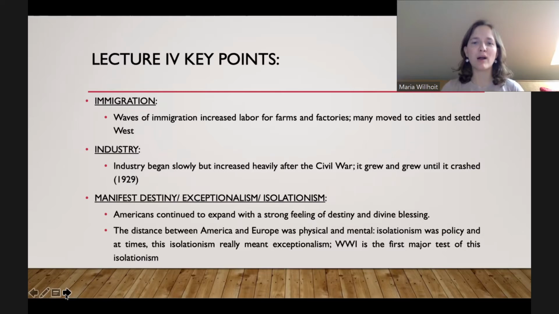Like our prosperity is due to the fact that we're somehow fated for it, either by divine blessings or just some other spirit out there. And this is a very big feeling within American society, especially in American politics. And it's one of the reasons why we have isolationism.